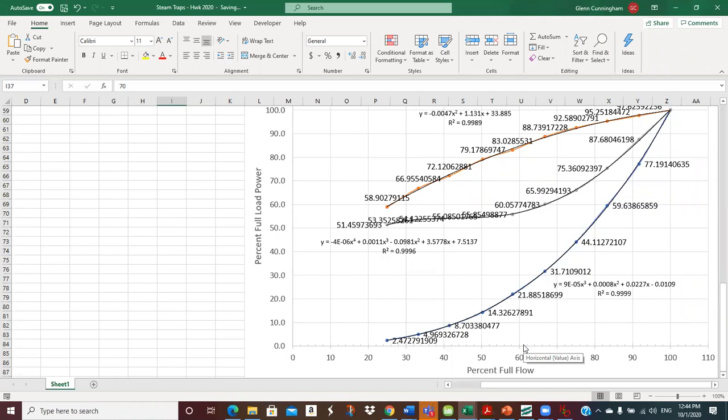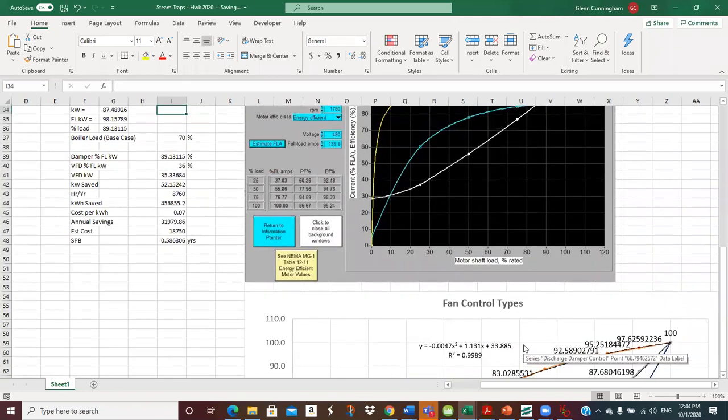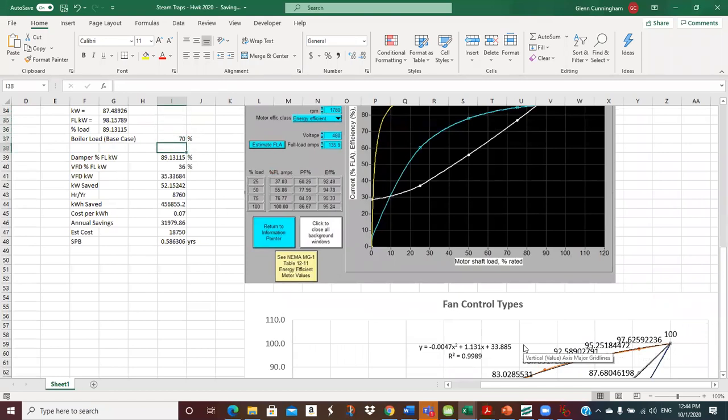So at any rate, I talked myself into using 70% as the boiler load. Not quite sure. Might redo this at 60, but I know I had some rationale for it. I just don't remember what it is.